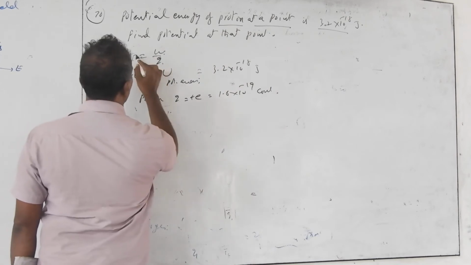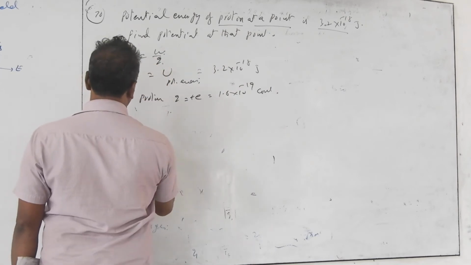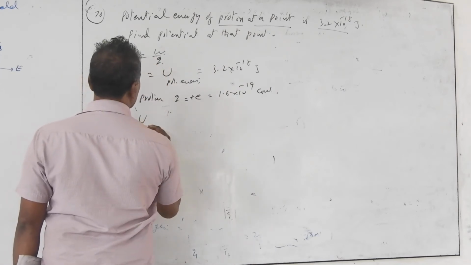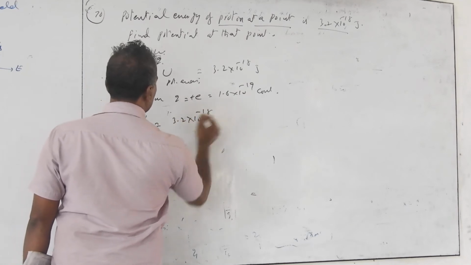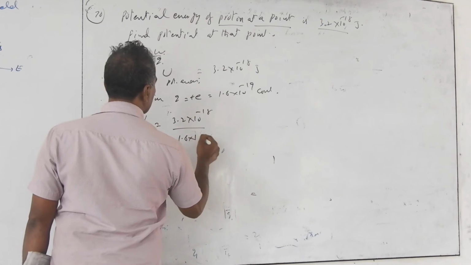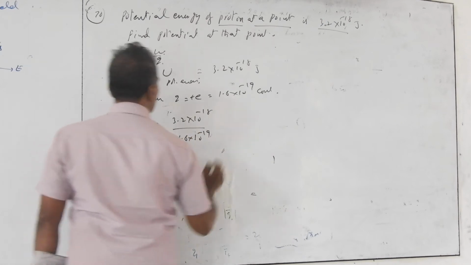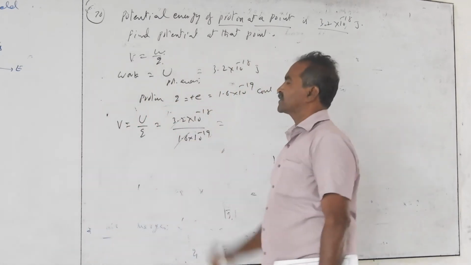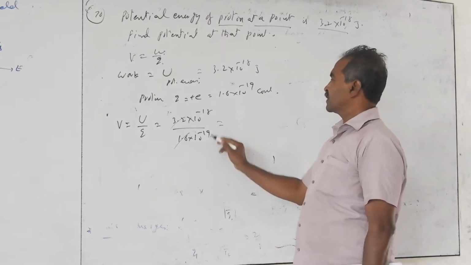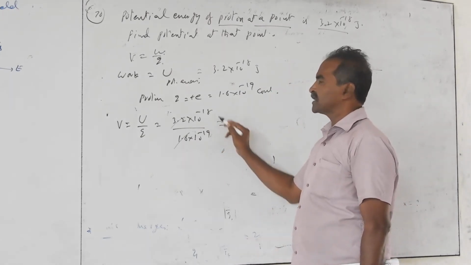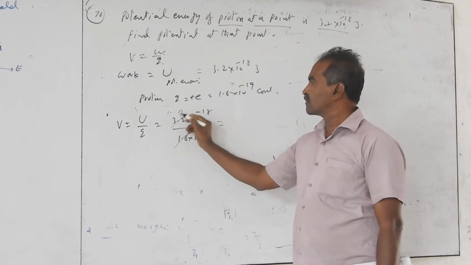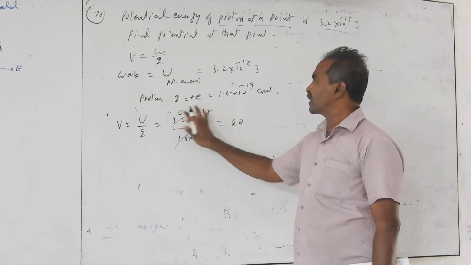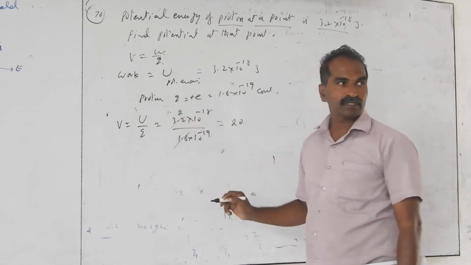So the potential V equals potential energy by Q, that is 3.2 times 10 to the power minus 18 by 1.6 times 10 to the power minus 19, which equals 20 volts.